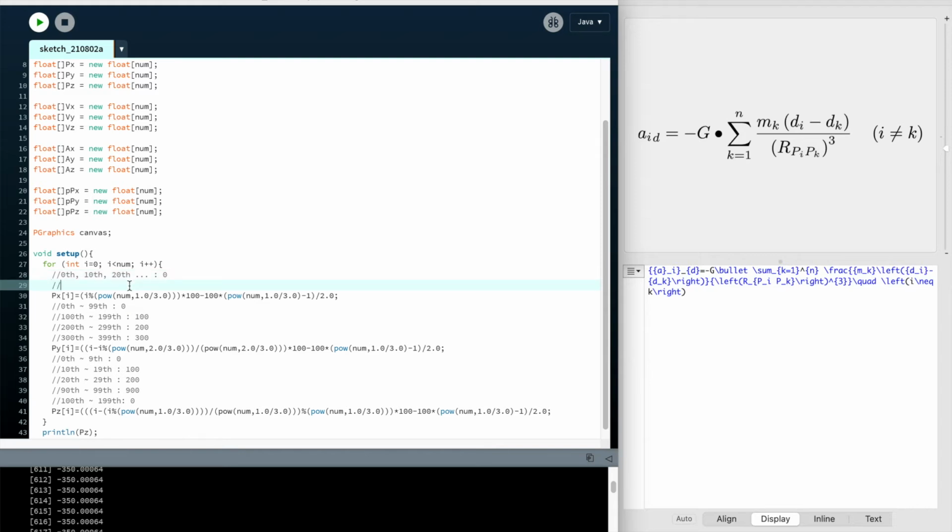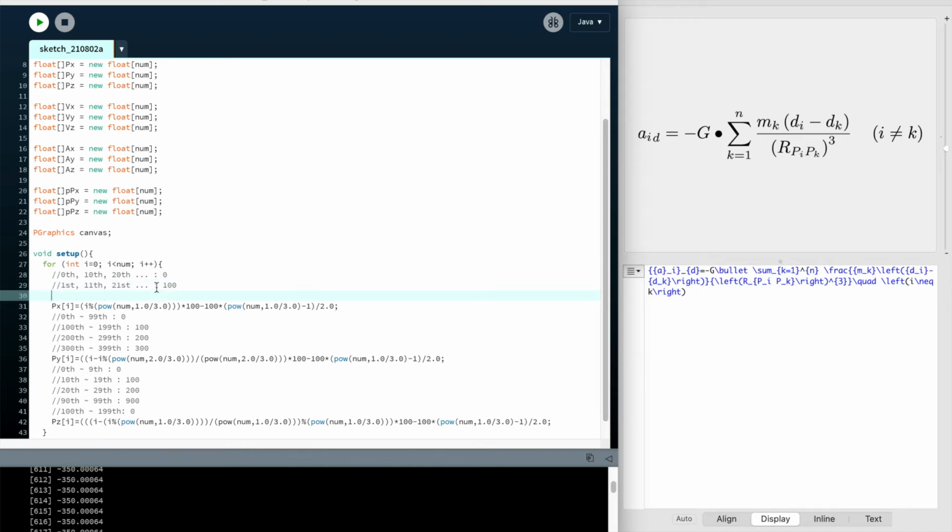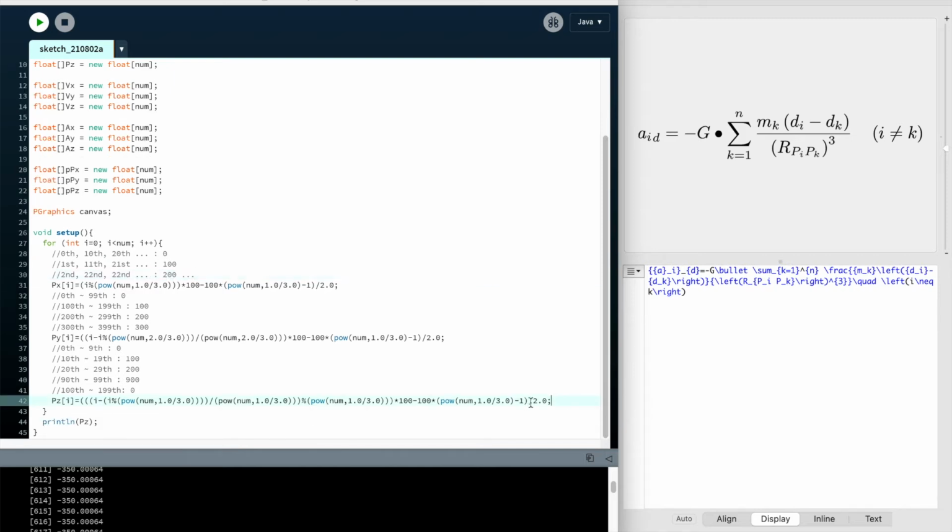Then we have 1s, 11s, and 21st. We have 100, and we have second, 22nd. 11th, 21st, and 22nd, we have 200, and so on. So that's the pattern, and it seems like we have got our pattern right, so let's move on.